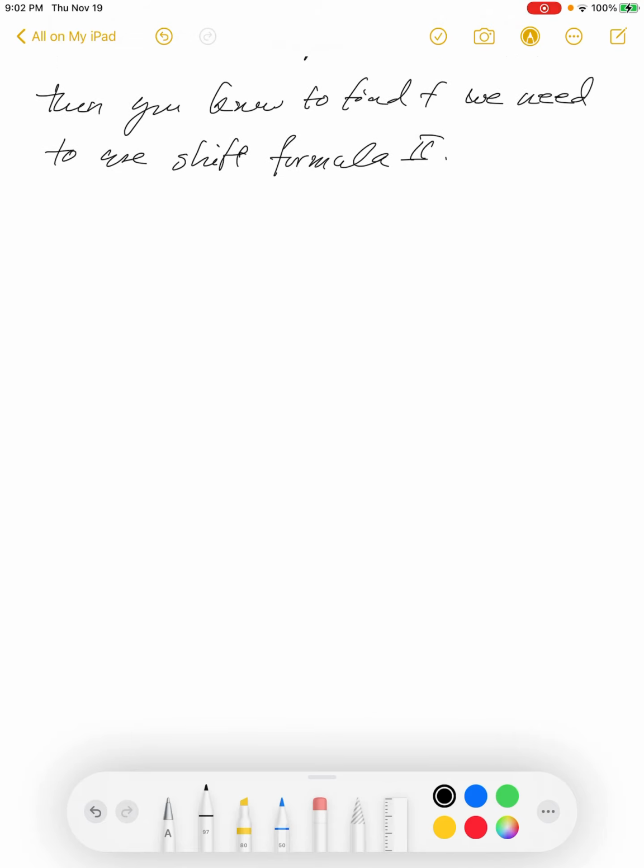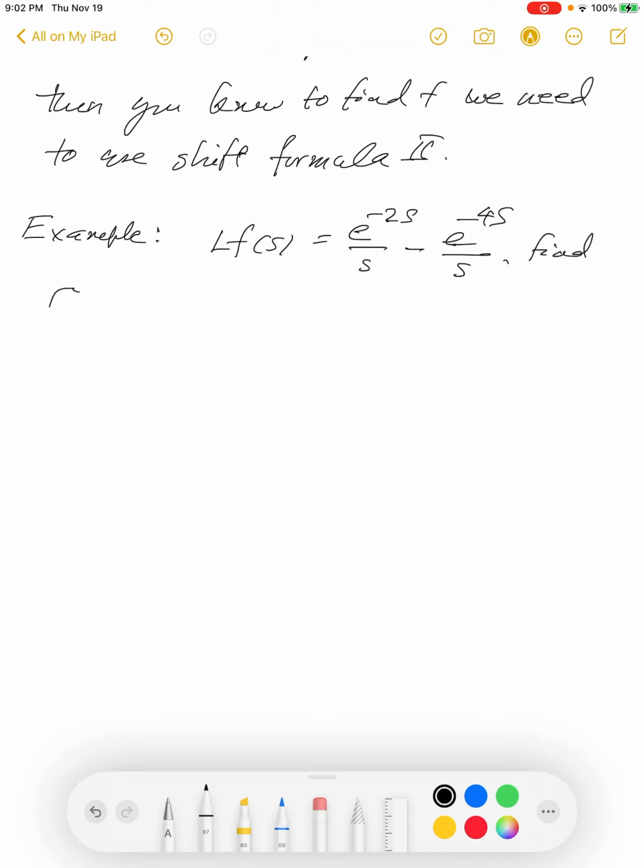So let me do this with examples. For example, let's take L of f of s to be e to the minus 2s by s minus e to the minus 4s by s. Find f. So the idea is simple. You ignore the exponential factor and find the inverse transform of the remaining.